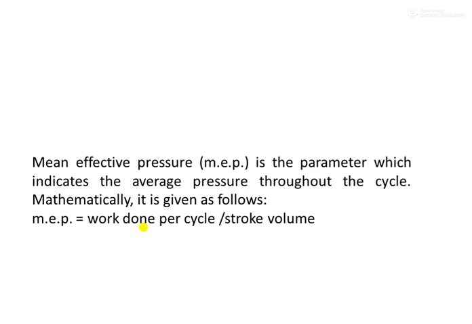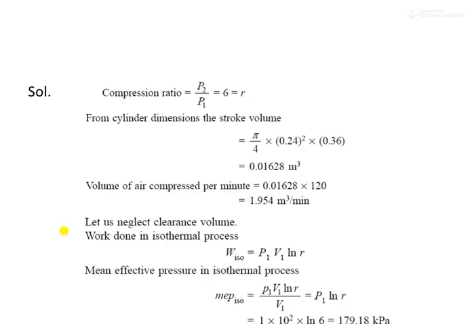Now the mean effective pressure is a parameter which indicates the average pressure throughout the cycle, and mathematically it is work done per cycle by stroke volume. So if we know the expression for work done and we know the stroke volume, we can easily find out the mean effective pressure. Now let's see how to solve this numerical.